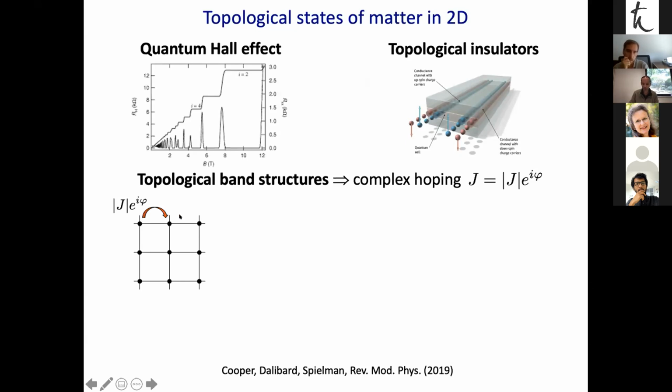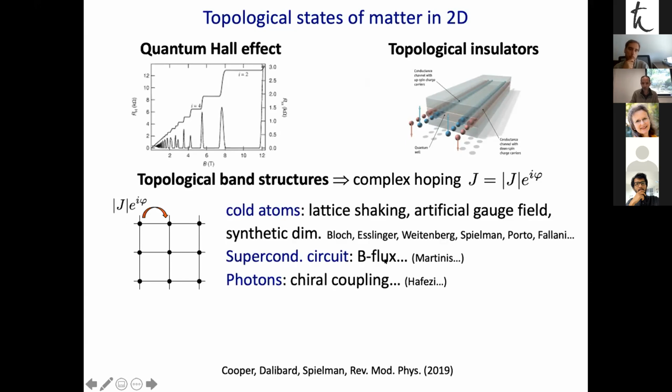It's a complex hopping, because in this way, the flux around one plaquette corresponds to an effective magnetic field. And so people have tried to implement that in various systems. I just name a few of them: cold atoms in optical lattices, superconducting circuits, where you can vary the magnetic flux locally, photons, of course. There is all the chiral coupling that people have played with.